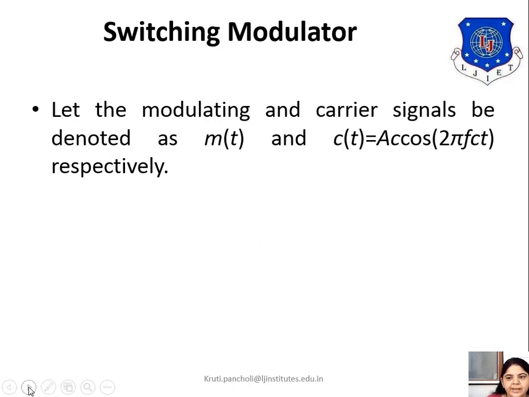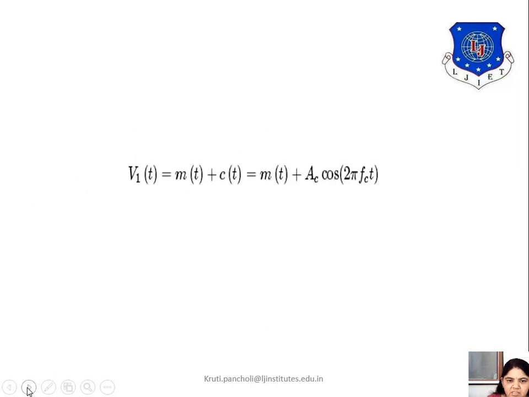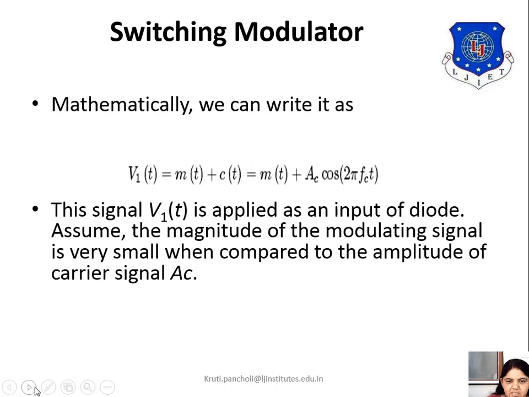Let the modulating and carrier signals be m(t) and c(t) = Ac cos 2π fc t respectively. The two signals are applied to the adder block, which produces the sum of the modulating and carrier signal, v1(t) = m(t) + c(t). Putting the c(t) value in this equation, this v1(t) signal is applied to the input of the diode.